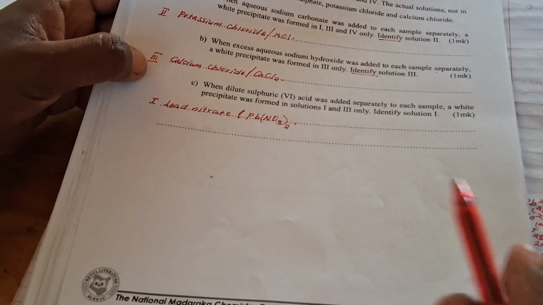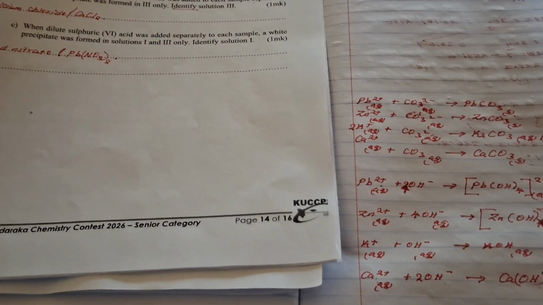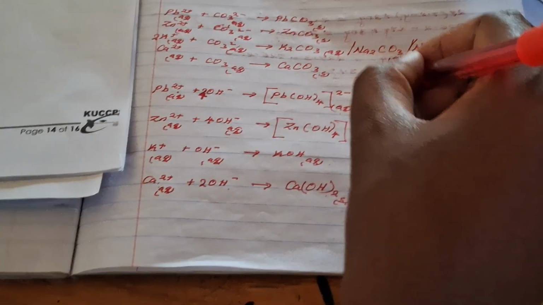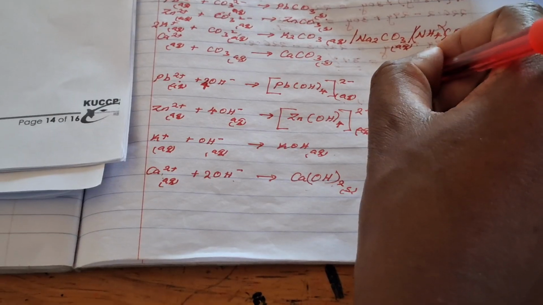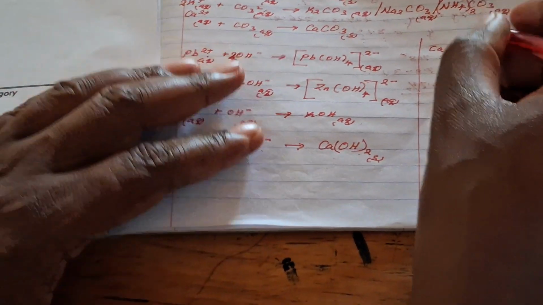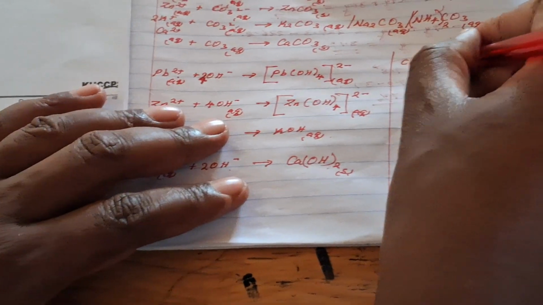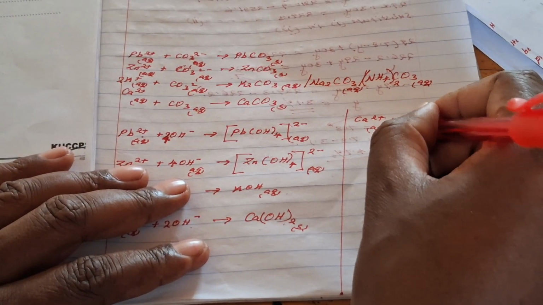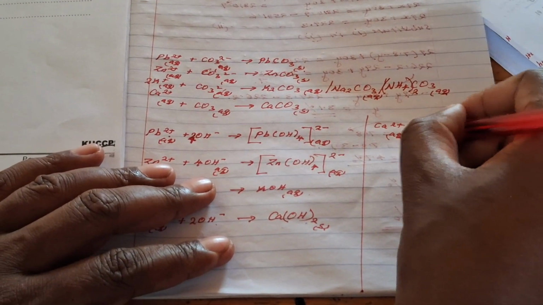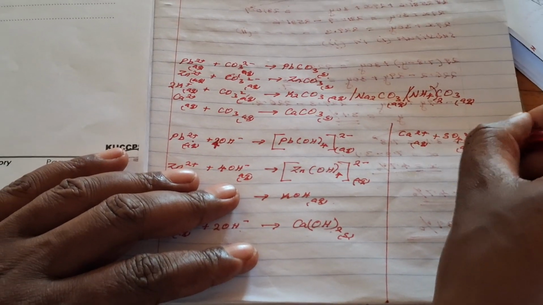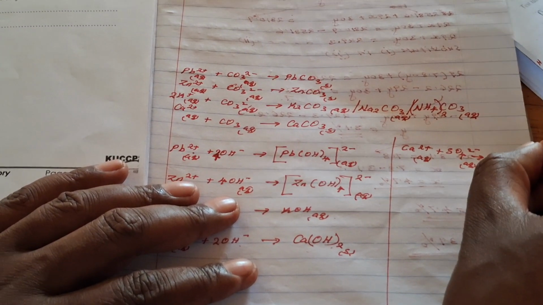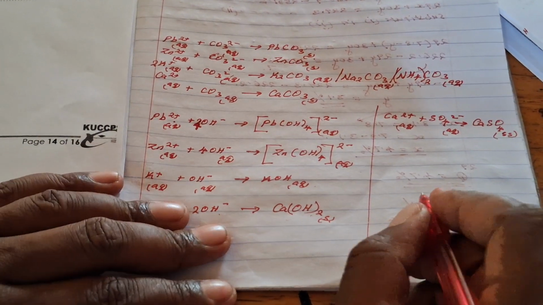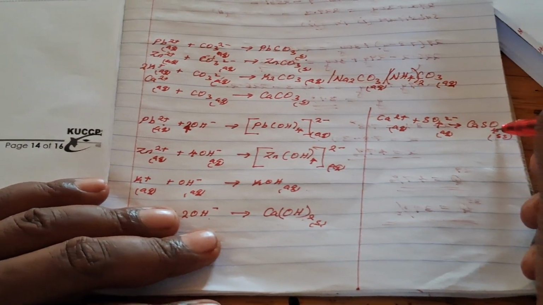So we know solution 3 contains calcium ions. Now calcium ions react with sulfate ions, both in solution, to form calcium sulfate. Calcium sulfate is slightly soluble, so this one will be seen as a white precipitate.